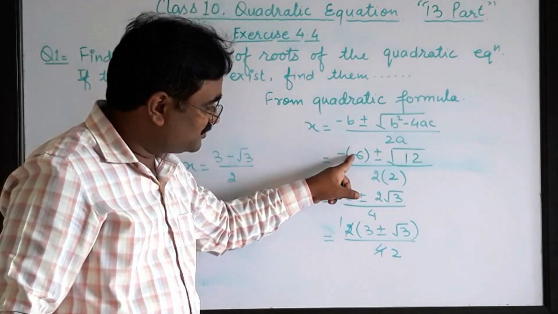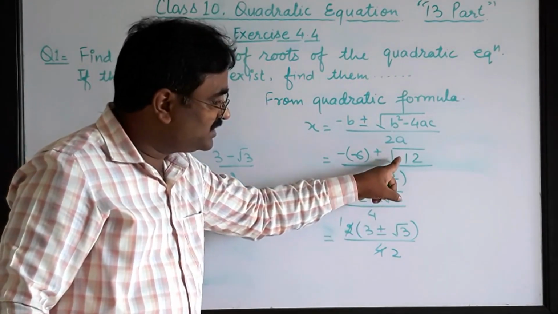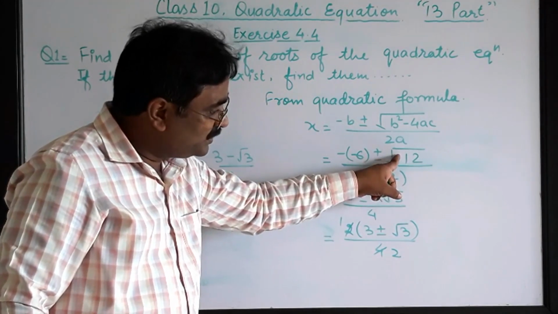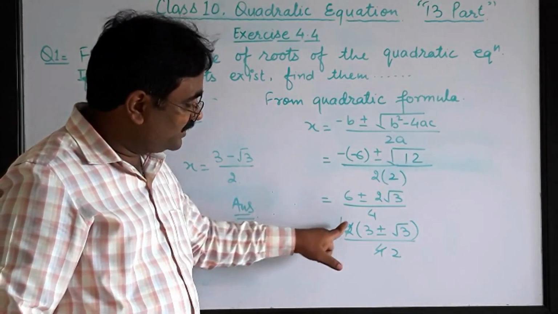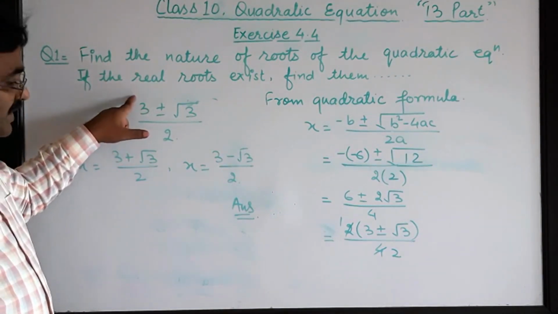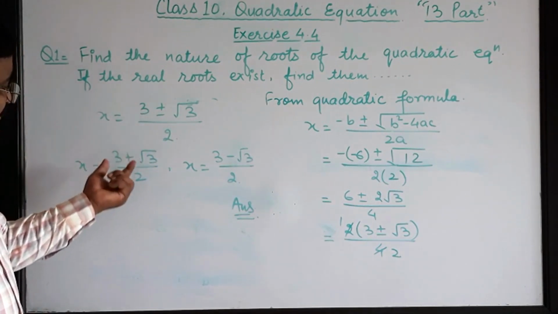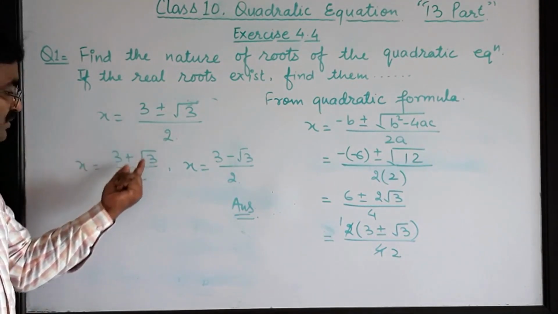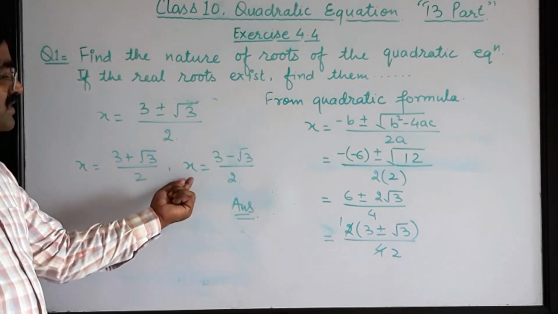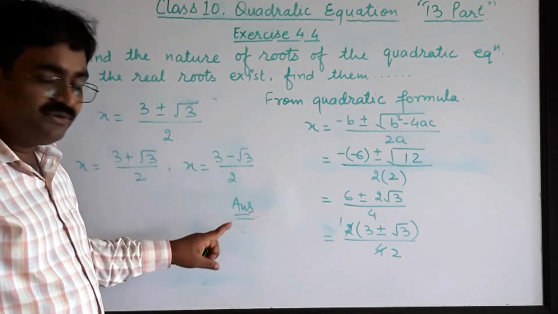So 6 plus minus under root 2 2s are 4, 3s are 12, means it is the value of square root 12 divided by 4, and after simplifying we got the value of x, which is 3 plus minus under root 3 divided by 2. So the first value is 3 plus under root 3 upon 2, and second value is 3 minus root 3 upon 2. That is your answer, right?